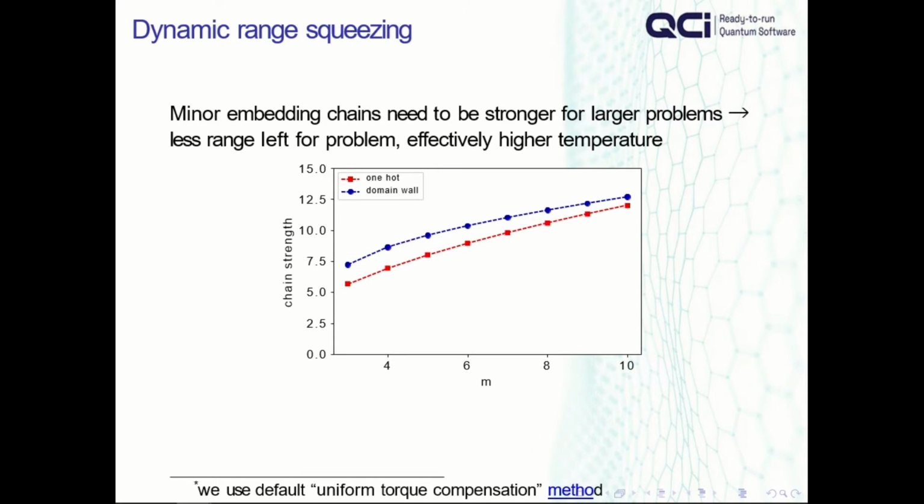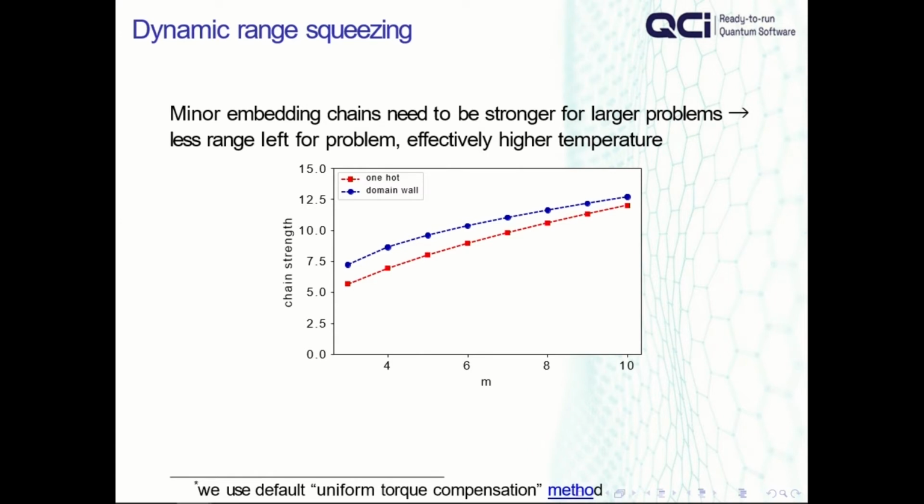These problems involve a highly connected graph, so they must be minor embedded. One question is, which actually needs stronger chains if we use the uniform torque compensation method, the default method for minor embedding? And we find something interesting. Even though the domain wall was doing better, it's actually using stronger minor embedding chains.